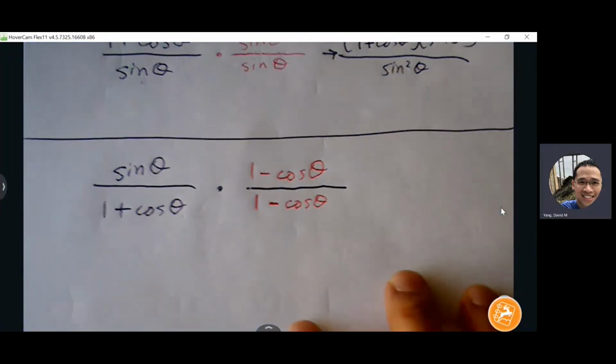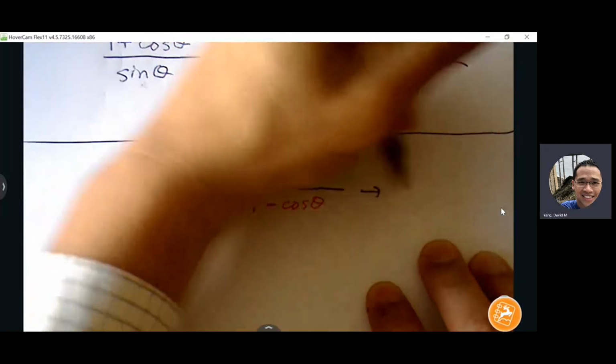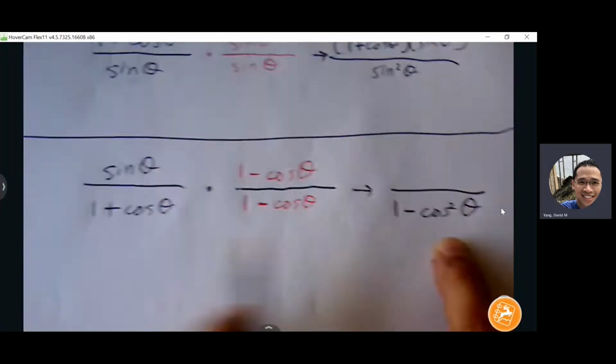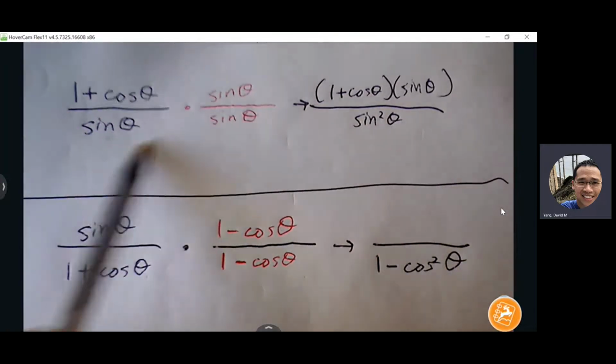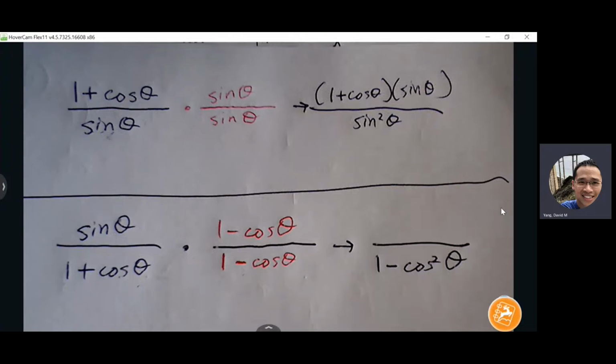If you do that, you can also make something out of nothing, because if I were to FOIL this out, I would get 1 minus cosine squared theta, and that will also give me an identity to play with. Okay, so sometimes multiplying by either sine or by the conjugate can jumpstart your problem to give you a different form to play with.